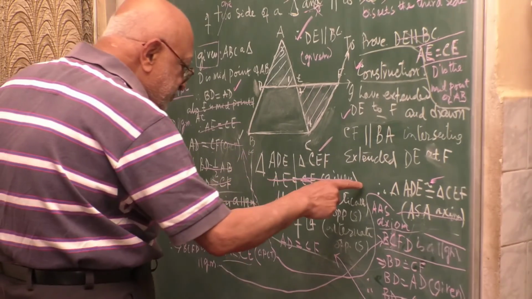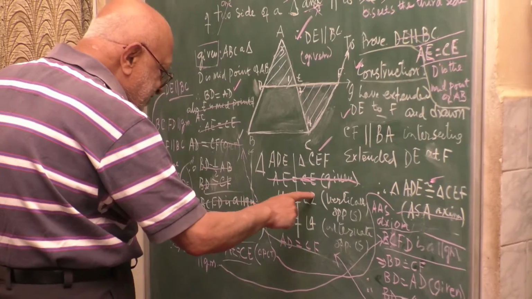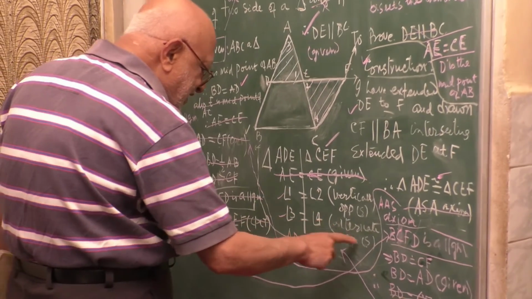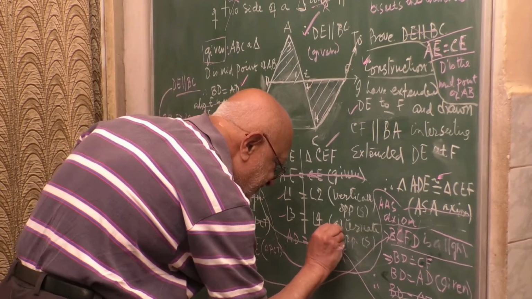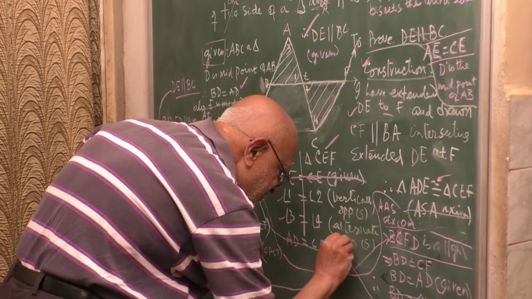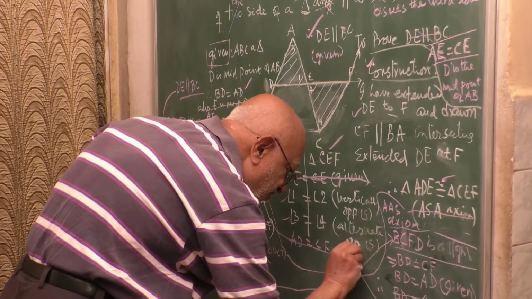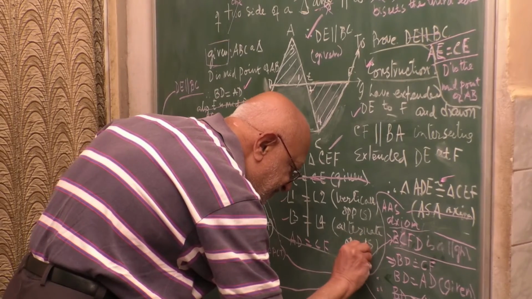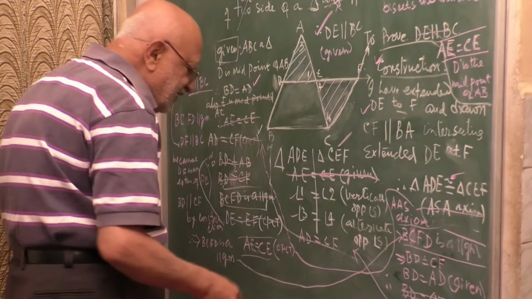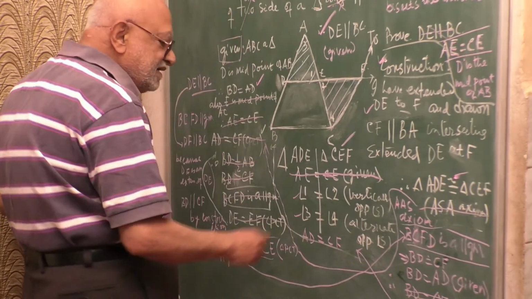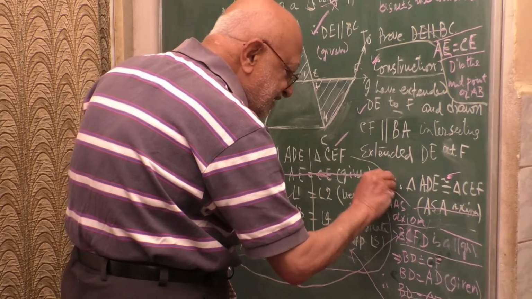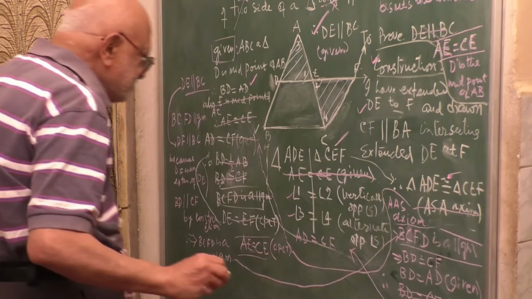Here I cannot use this as given, but these two are alternate opposite angles, those are there, and AD equal to CF we have proven, and therefore these two triangles are congruent.